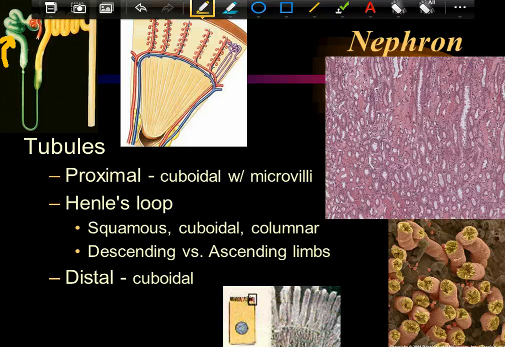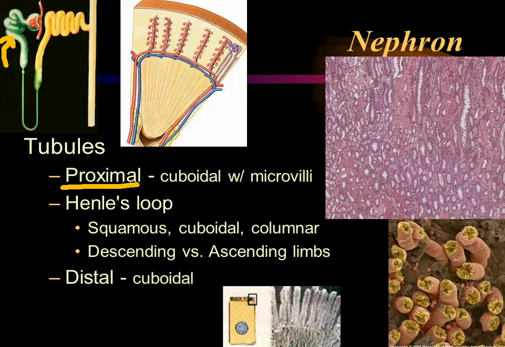PCT is what it's called, convoluted. It's kind of obvious. And of course the filtrate collects first right in here, comes down this tubule. We get over here. Now we're crossing down over into the pyramid.